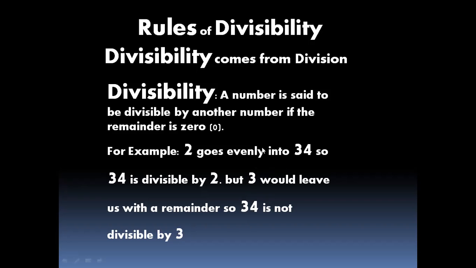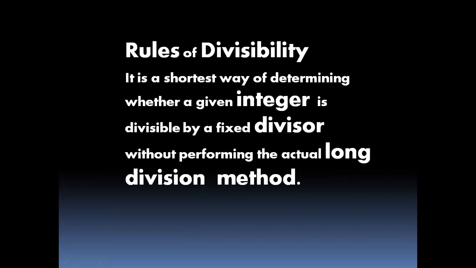So this was about a real example of divisibility. Students, let us move to the rules of divisibility more. Students, let us go to the definition of rules of divisibility.